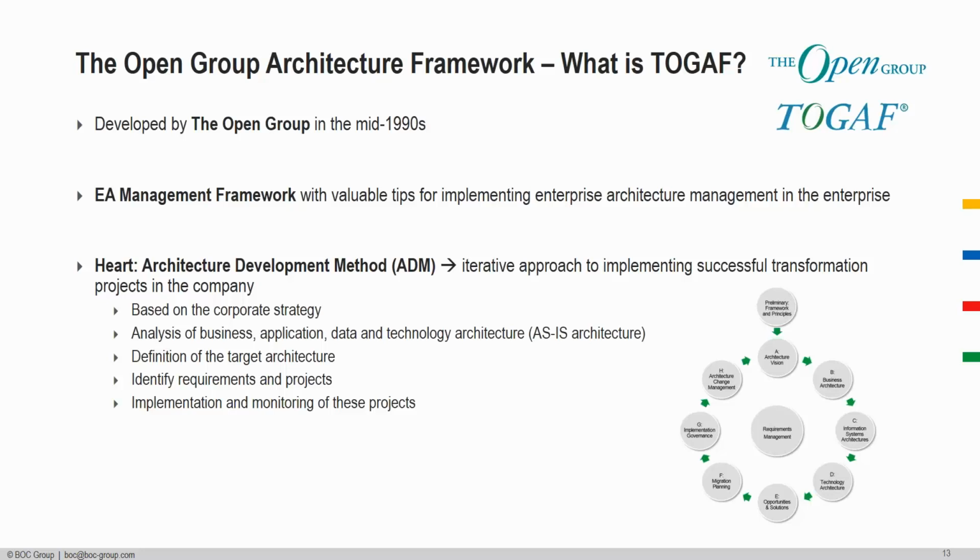It's based on your corporate strategy, so what are the strategic goals and objectives that you're trying to implement, and it's the analysis of all the various layers of your as-is architecture, trying to define a target architecture, seeing what requirements you have and what projects are needed to actually get to your future state architecture, and then the implementation, governance, and monitoring of these projects. So that's what TOGAF gives us as a whole.